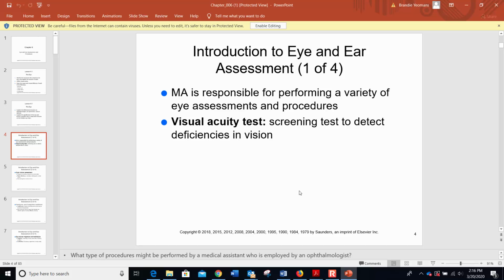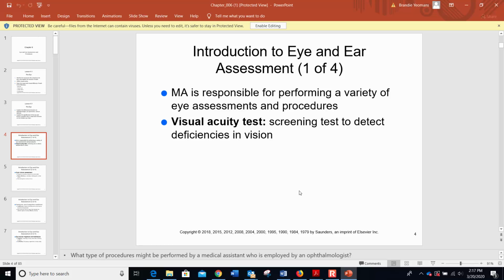So the next part of the chapter talks about things that we discuss in terminology, which is what is the difference between an ophthalmologist and an optometrist. So remember that the optometrist is the eye doctor that's specializing in giving those glasses out to people after they measure their visual acuity and figure out what strength of corrective lenses they need.